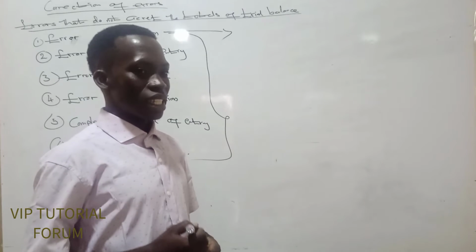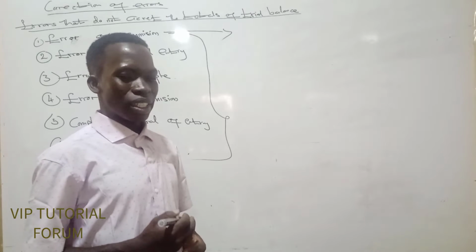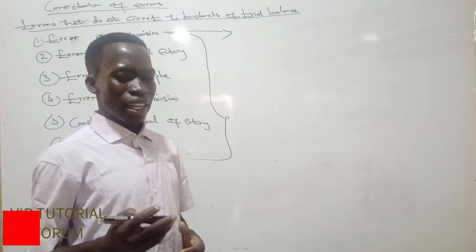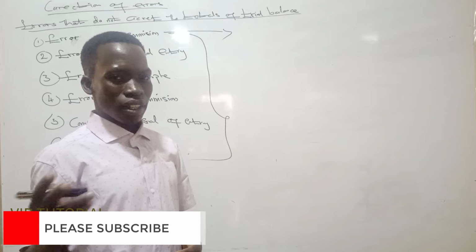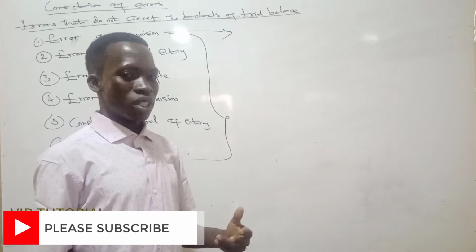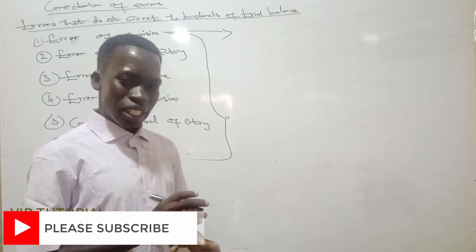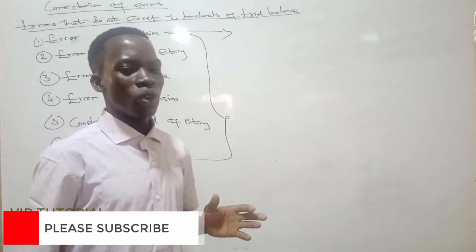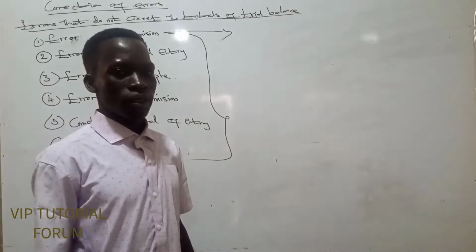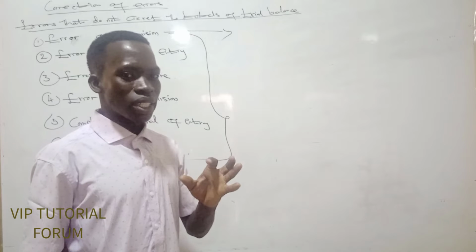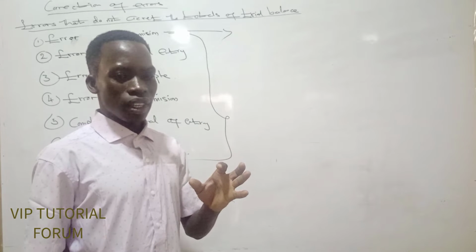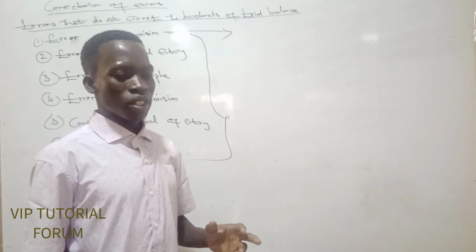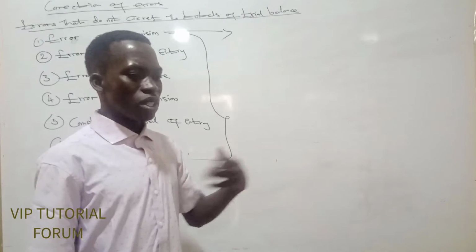From the word omit, it's a situation whereby the transaction was neither debited to the receiver nor credited to the giver. That is, the transaction was completely omitted from the two books. No entry was made during the transaction. It's completely omitted from the books.